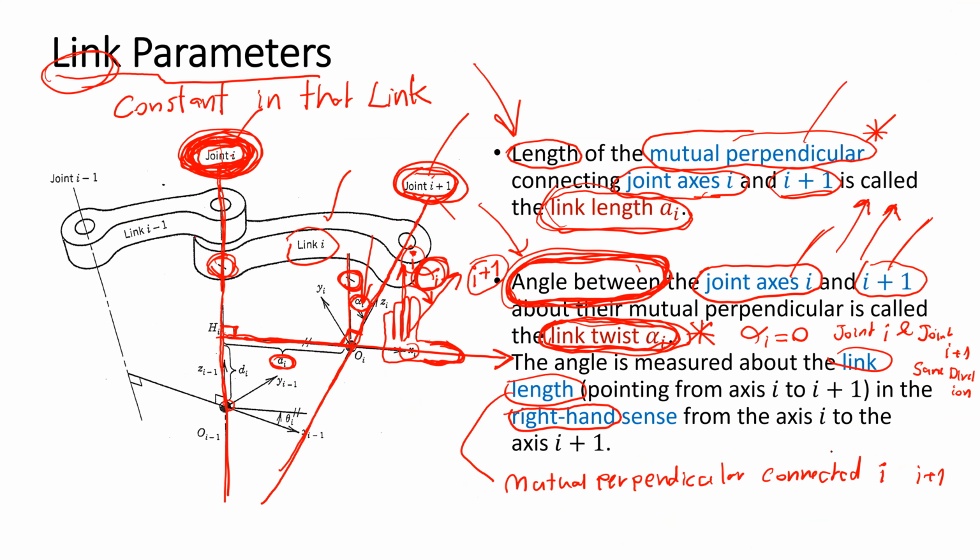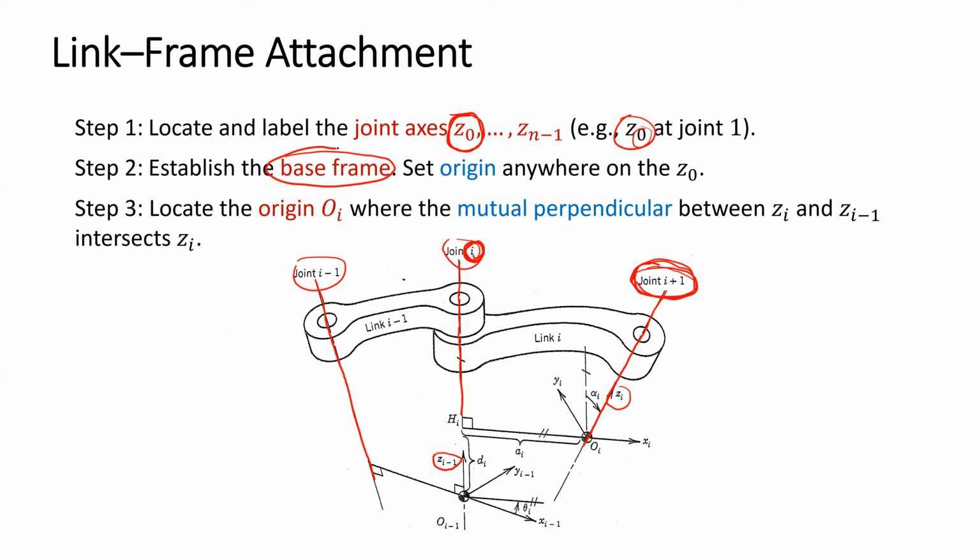For the base frame, the base frame is frame 0. We can set the origin anywhere on Z0, but anywhere means wherever makes the DH parameters, length, offset, twist, and angle, become 0 as much as possible.